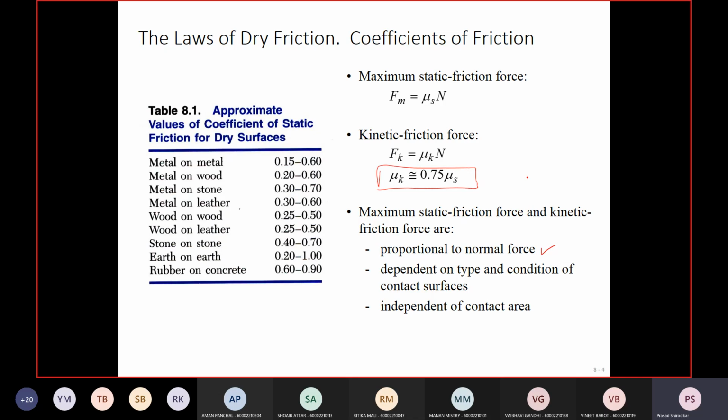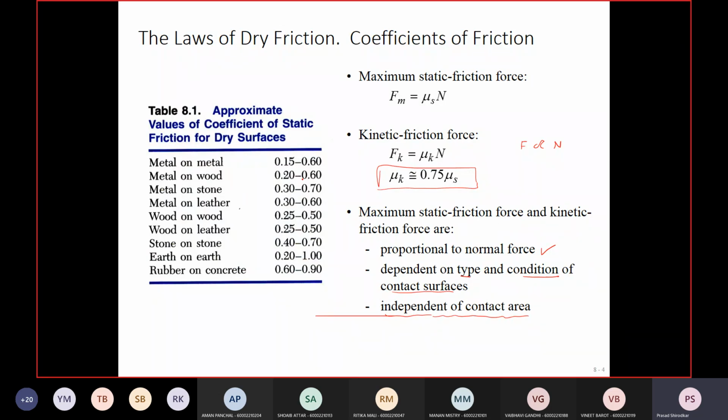F is proportional to N, and it is dependent upon the type and condition of the contact surfaces, that is, the nature of the surfaces which are interacting with each other. It is independent of the contact area. It doesn't depend upon the contact area.